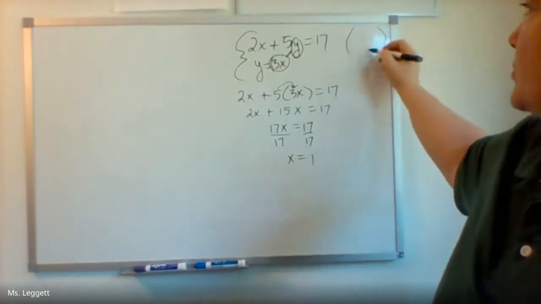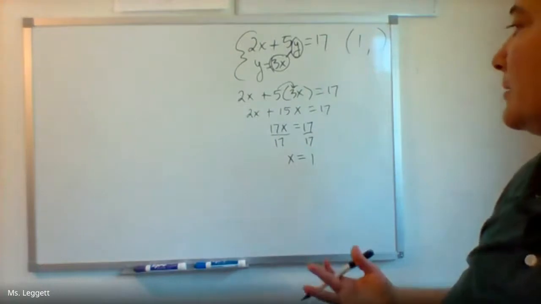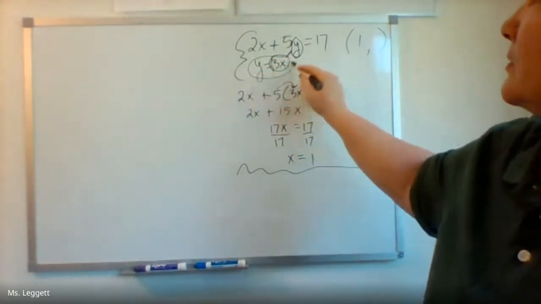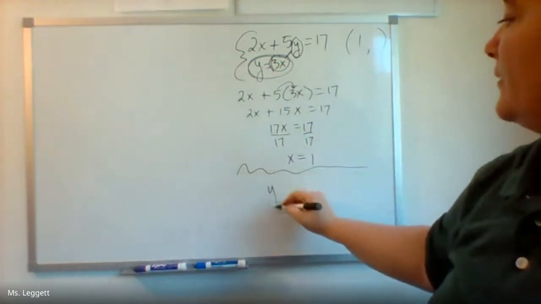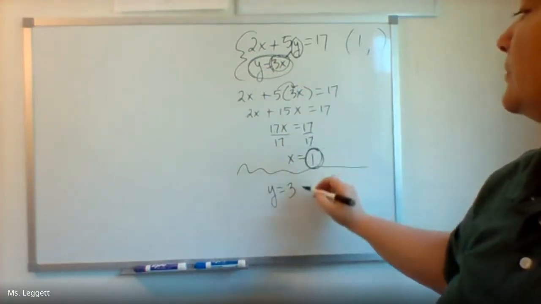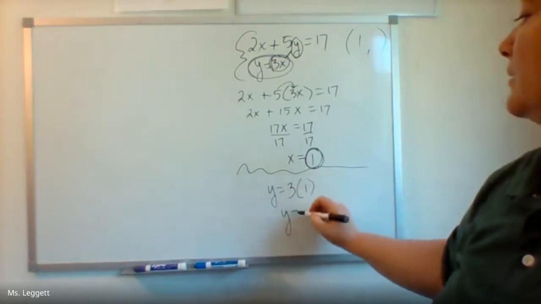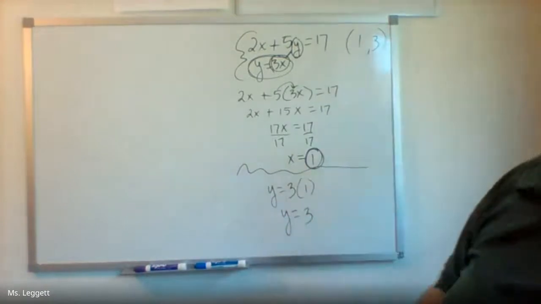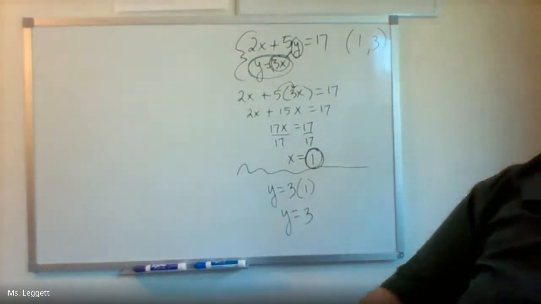So far, my intersecting point is 1 comma something. Now, remember, this tells me what y would be if I knew what x is. Well, guess what? We know what x is now. 3 times 1 is simply 3. So your intersecting point should be 1 comma 3.